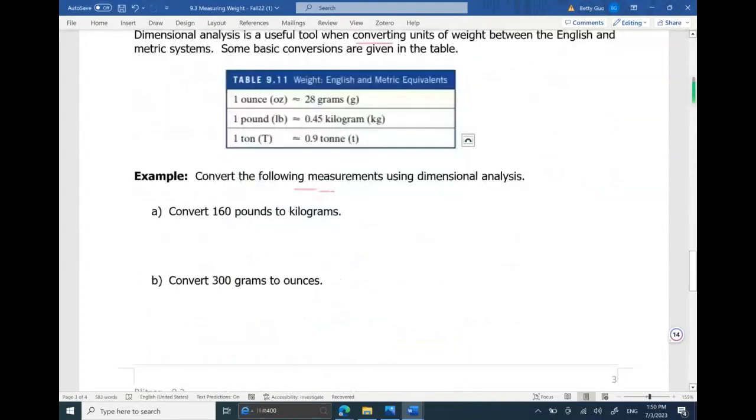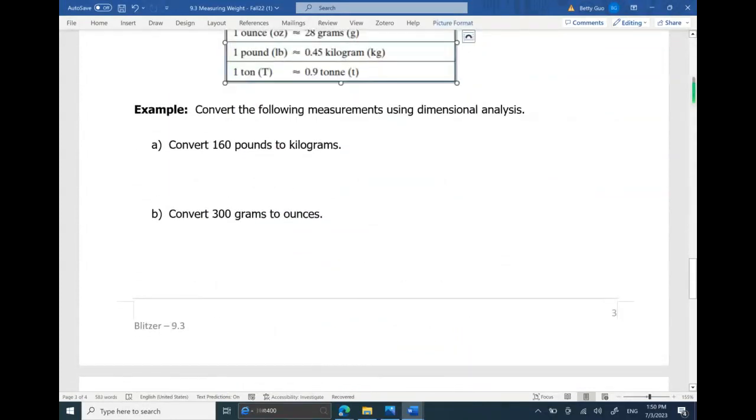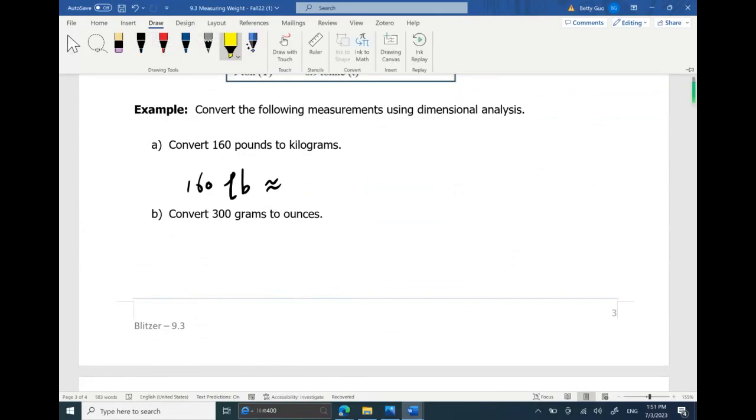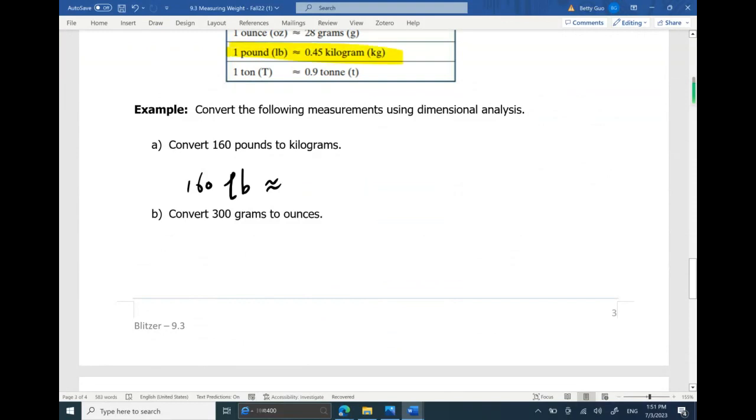Next question, convert 160 pounds to kilograms. Pounds, lb. The conversion equation is right above it, and we can find the conversion factor. Conversion factor is 0.45. Compared with a pound, is a kilogram a bigger unit or smaller unit?